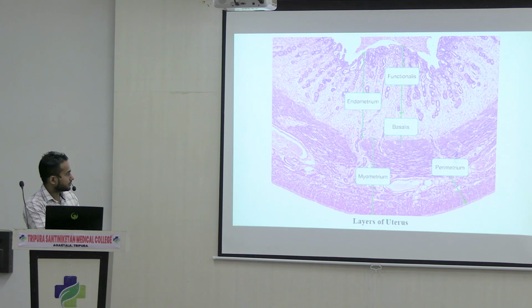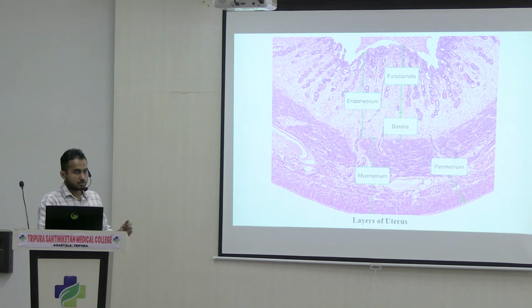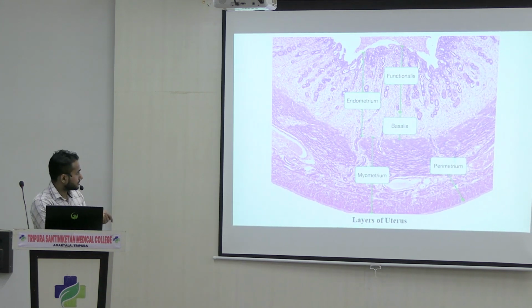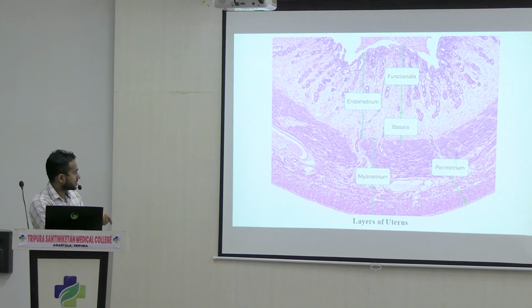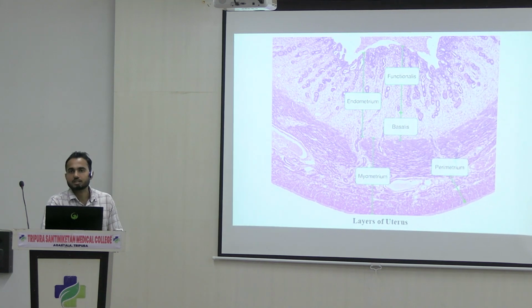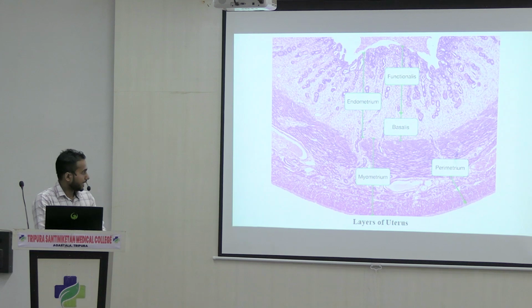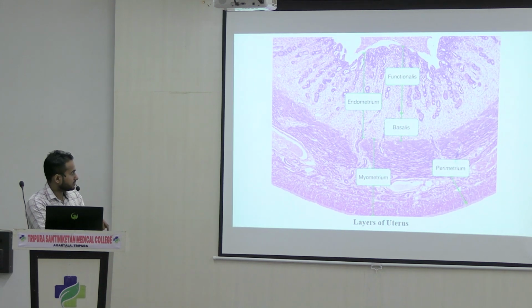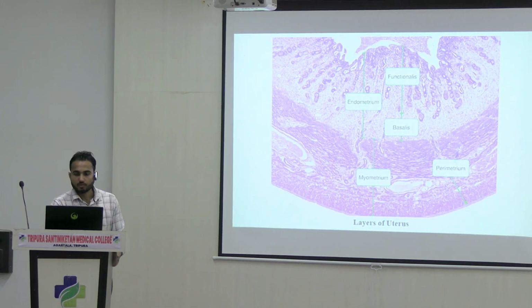In the myometrium, you can see the muscle fibers. The middle one is circular, and the outer one is longitudinal. And you can see a thin layer of perimetrium. So that is all about the uterus.